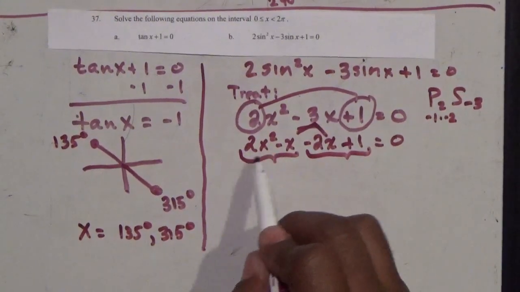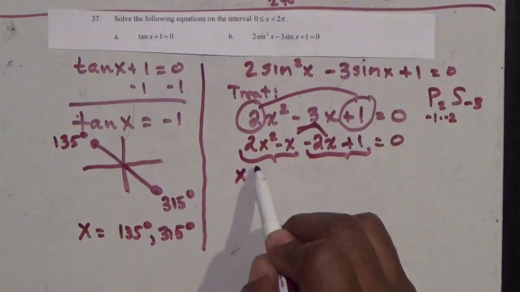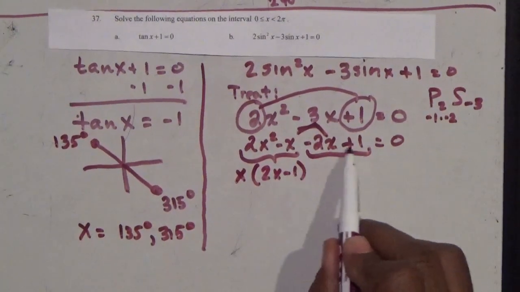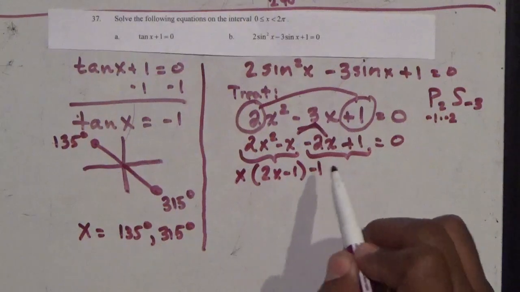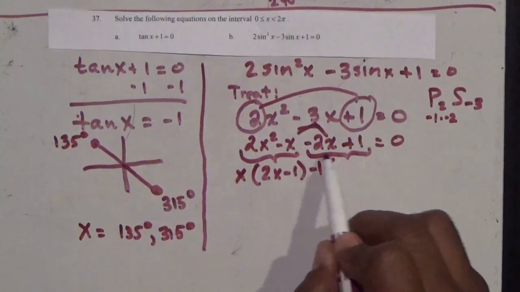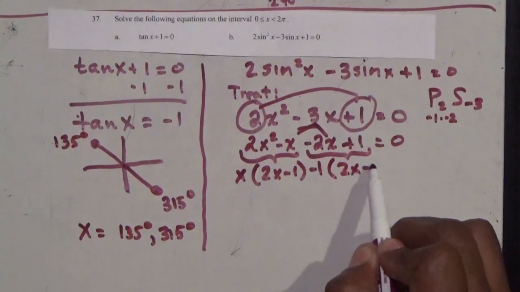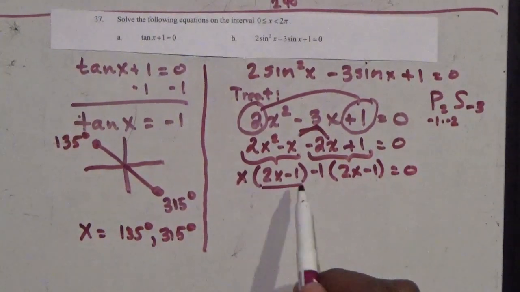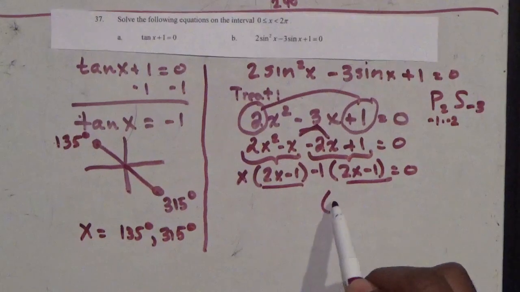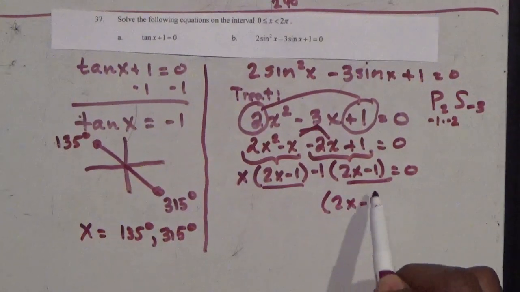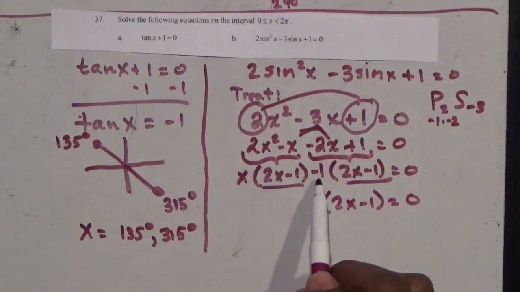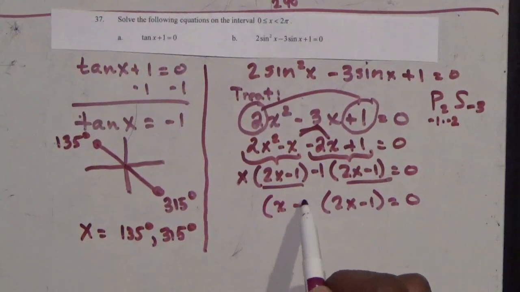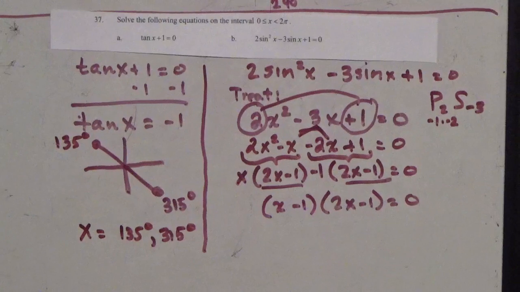I have a common factor of x, which leaves me with 2x minus 1. Here I have a negative 1, which leaves me with 2x minus 1. These two are the same, so we write them once, and we write everything outside of the parentheses in the other parentheses: x minus 1. And so we factor.